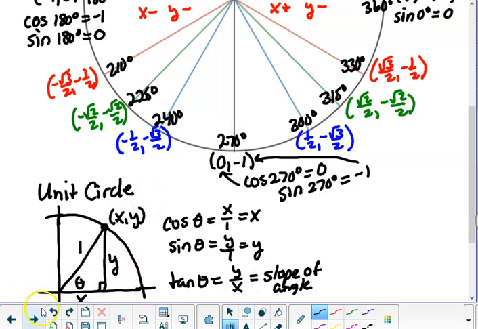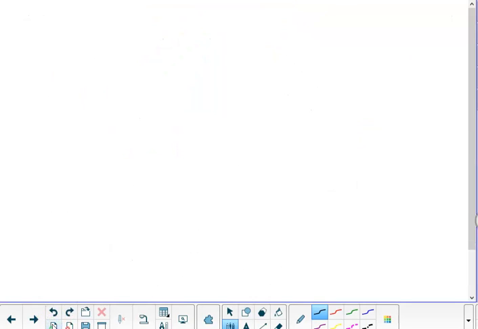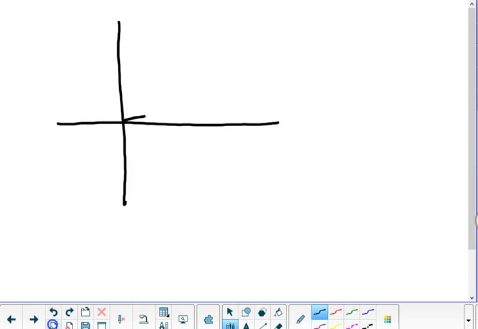Okay, so if I open up another page here. So let's say I have an angle very close to 0, like this, and here's my circle kind of coming out like this. So right now, here's my opposite side, my adjacent side. My hypotenuse, remember, is 1.